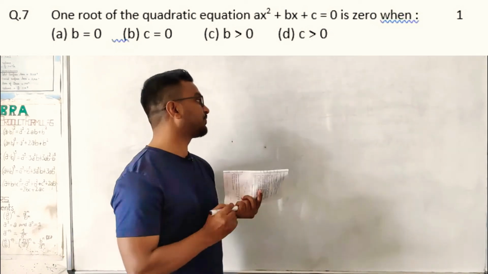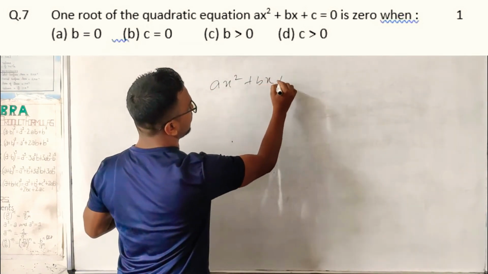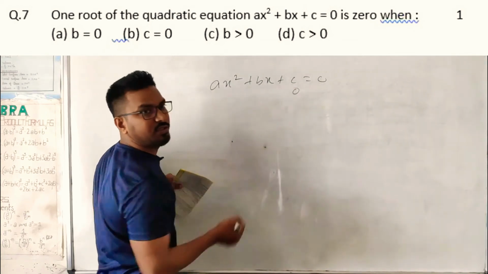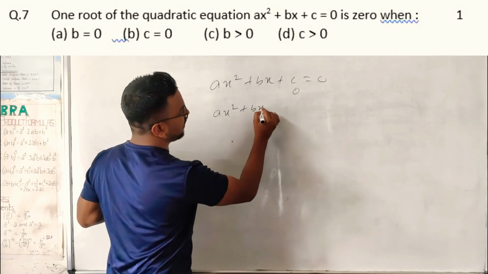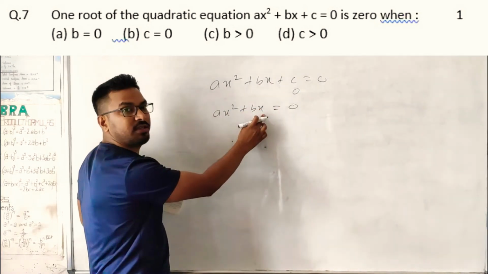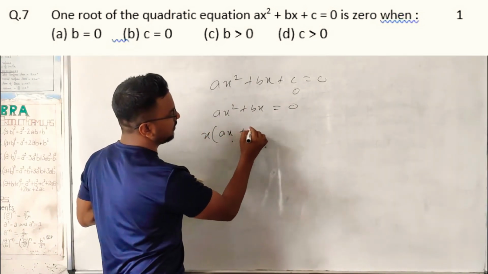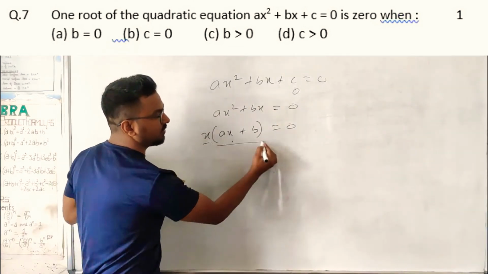See how? Suppose ax square plus bx plus c equals to 0. If c value is 0, then we can write ax square plus bx equals to 0, right? So in this case, what is common here? X is common. So if you take out x, here it will remain ax plus b equals to 0. So these are the two factors.